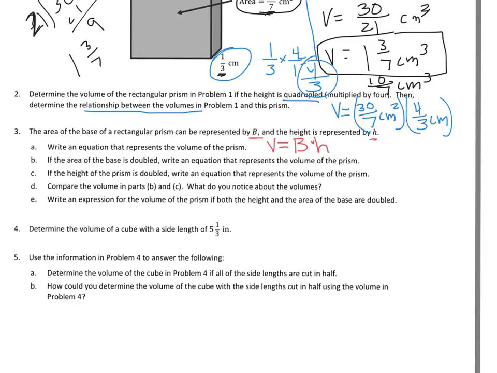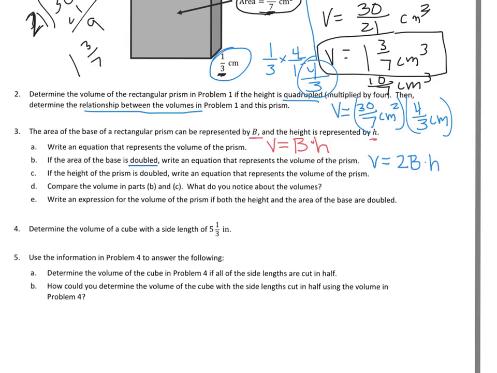Let's look at B. If the area of the base is doubled, write an equation that represents the volume of the prism. So I'm using the same formula, but now I have to double the area of the base, or the base area, meaning 2 times. So 2 times B times H. Because I have to multiply the base times 2 and then multiply it by the height.